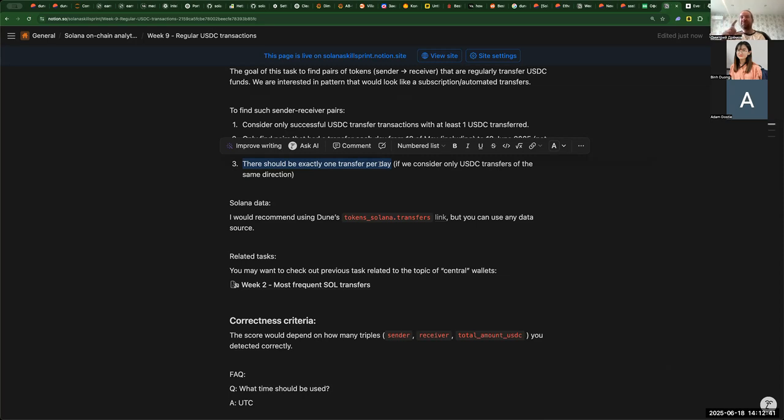If this pair in this direction is doing just one transaction, we don't care if there are some transactions going back. Technically, there could be two wallets that are doing a transfer of USDC each day, both sides exactly one time. It would be a little bit strange, but it's possible. So it could be two times in this table in different roles.